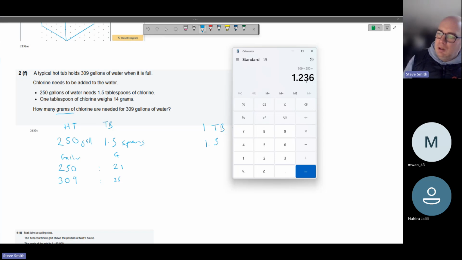So now, if we do that number times by 1.236, times by 21. There we go. So we got the same number again. That's nearly 26. So we're going to put 26 grams of chlorine in our pool.